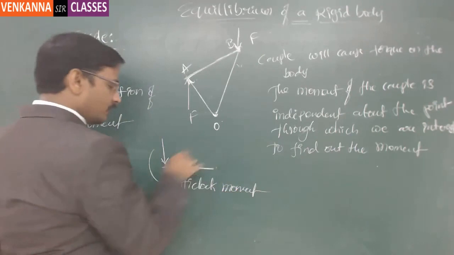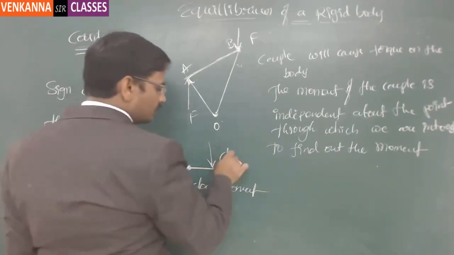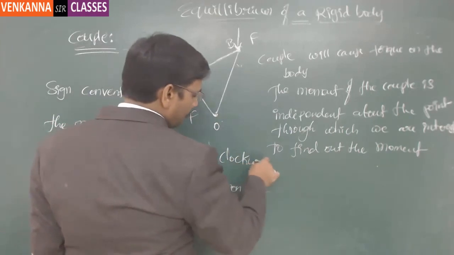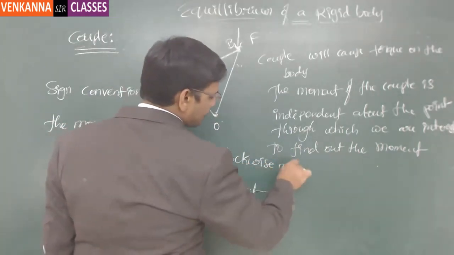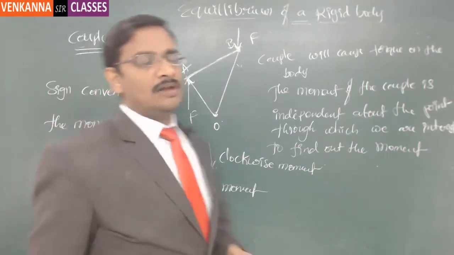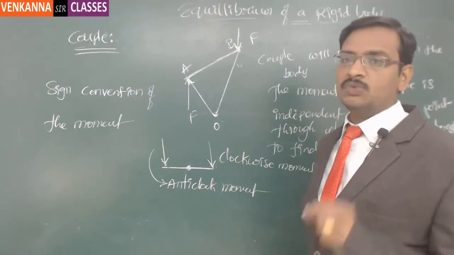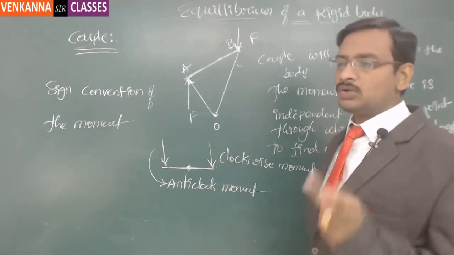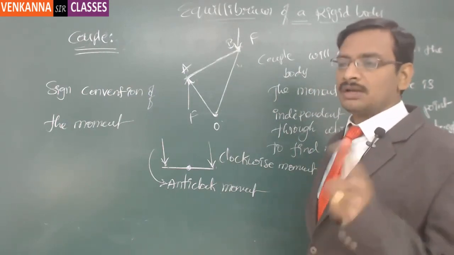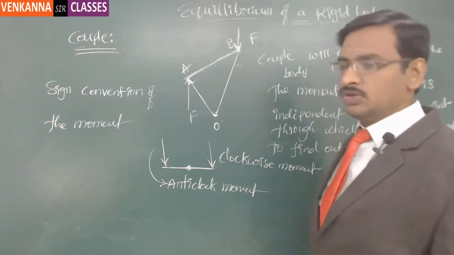The same force, if I apply at this location, will cause a clockwise movement. So the torque or the moment always causes only a circular movement. It is essential to understand which circle it is. There are only two possible circles: one is clockwise, another is anti-clockwise. That is the universal standard.